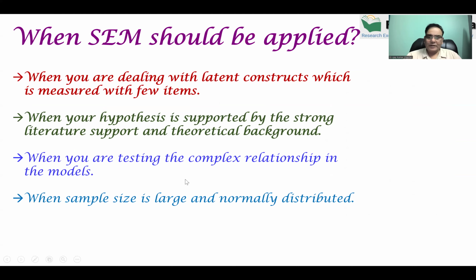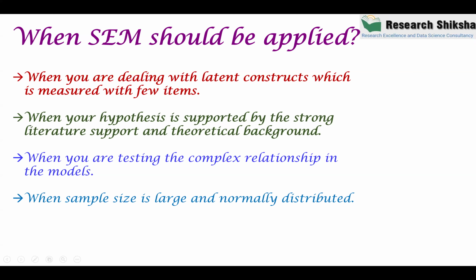So the first thing that many students ask me is, why should we apply SEM? Why not regression analysis? Why not other analysis? Why only SEM? So the answer is that you are measuring the construct with the help of the items.